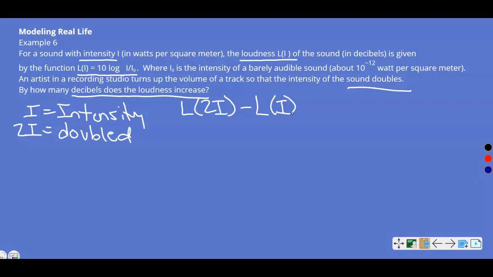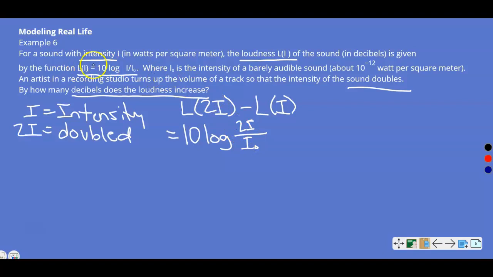All right, so with that, we are given this equation here. We know the loudness of intensity equals 10 log of I over I sub 0. So if we substitute that in, the only difference is 2I is going to be in place of the intensity. So for the first one, this is going to equal 10 log 2I over I sub 0.